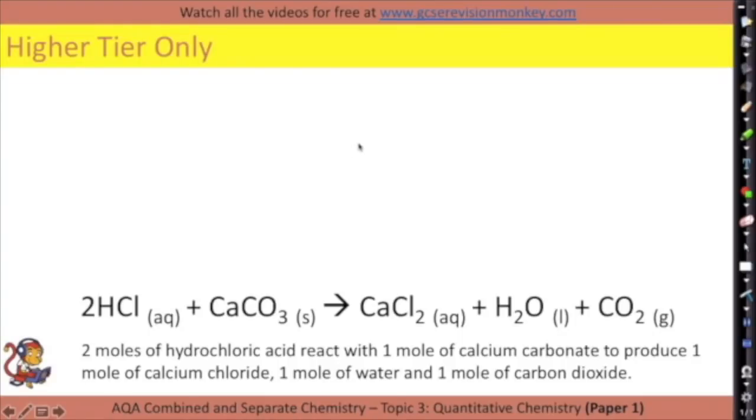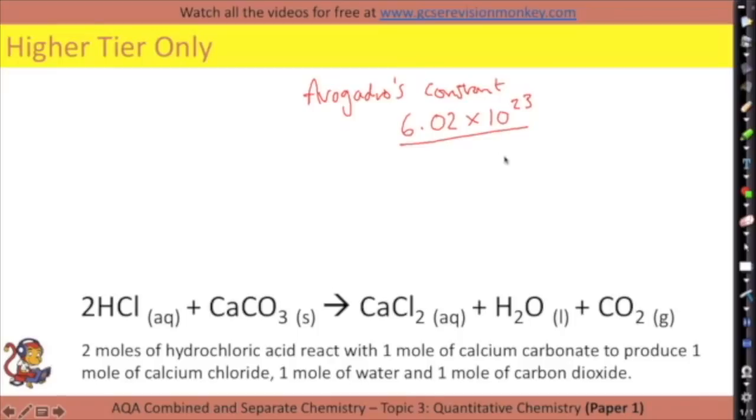Moles in chemistry is a word to describe a particular number of particles, and that number of particles comes from Avogadro's constant, which is a very particular number of particles, 6.02 times 10 to the 23 particles. So 1 mole of a substance will contain 6.02 times 10 to the 23.